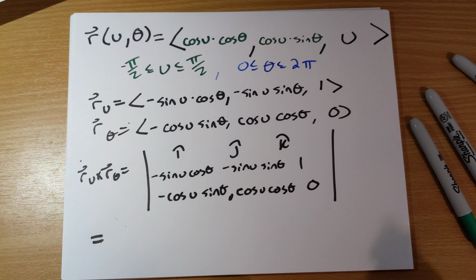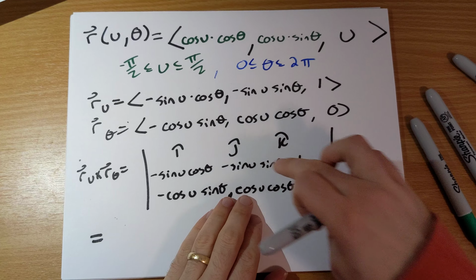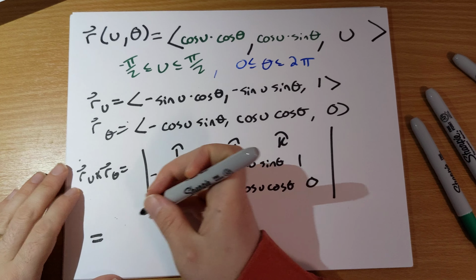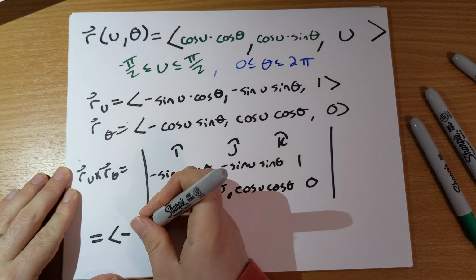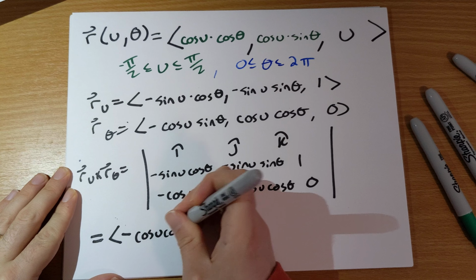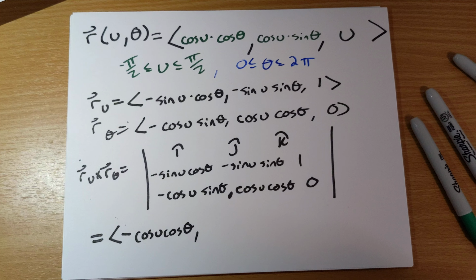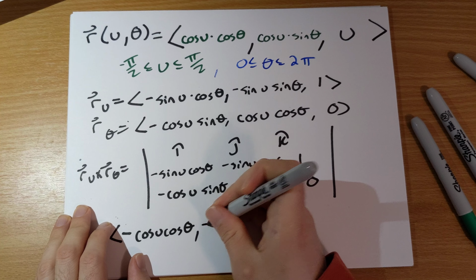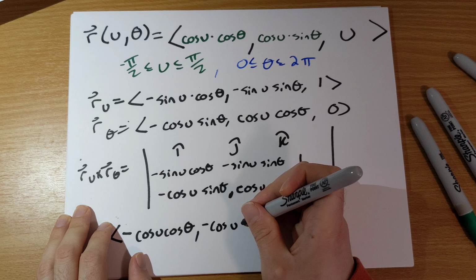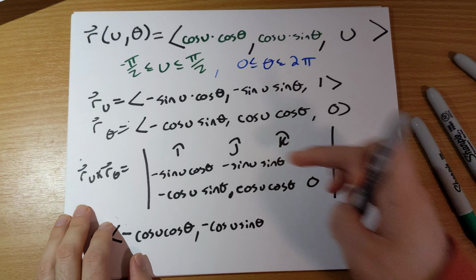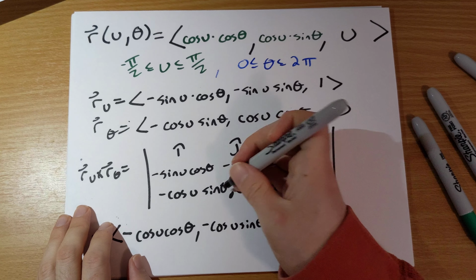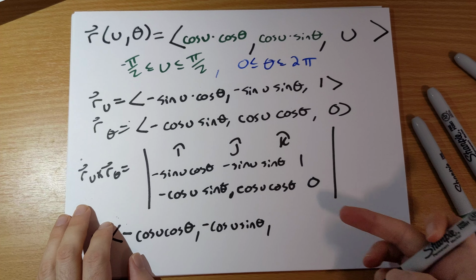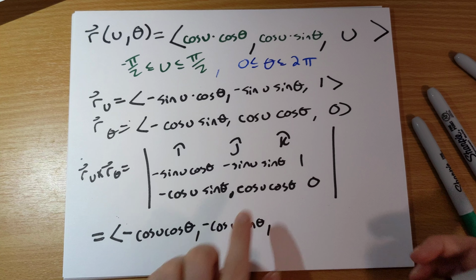Okay, so taking the cross product here, the i hat component is this times 0 minus this times this. So negative cosine u cosine theta. The j hat component is this times this. It's negative cosine u sine theta minus this times this, that's 0. And then the k hat component is this times this.